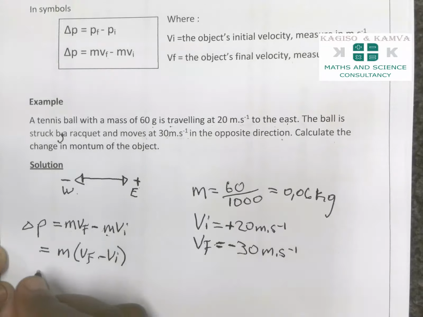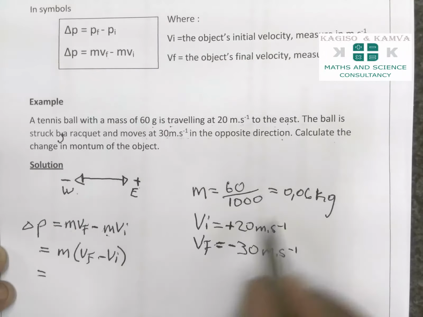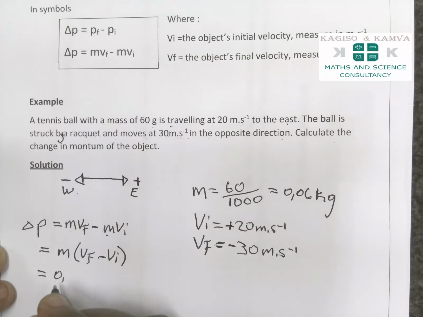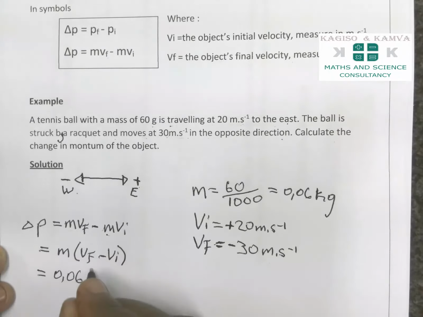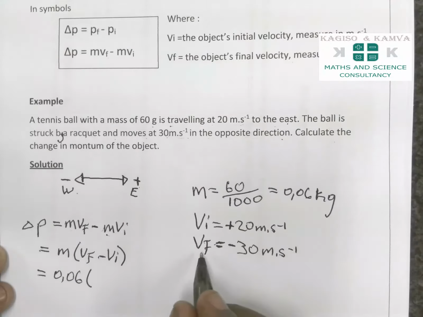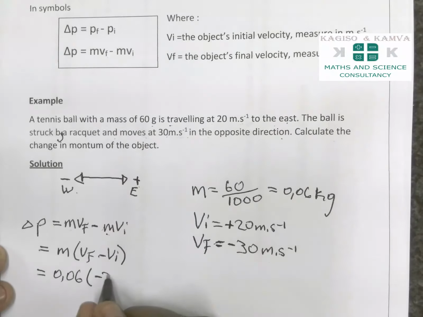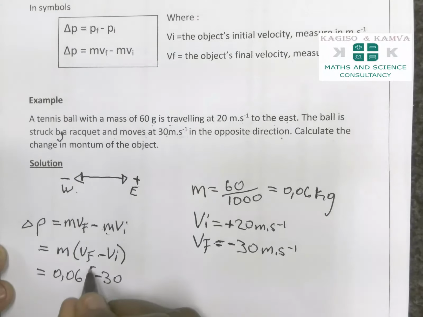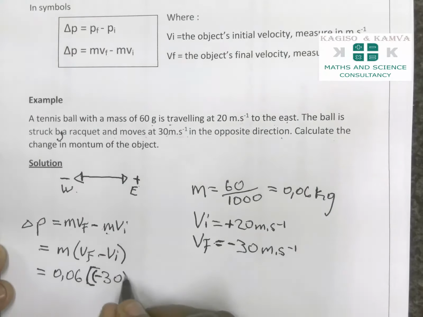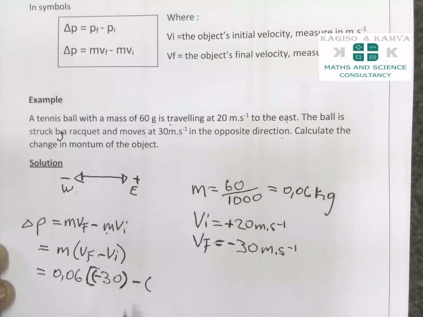The mass of the ball is 0.06, multiplied by the final velocity, negative 30, minus vi, which is positive 20.